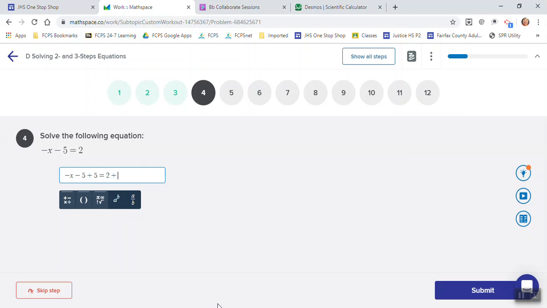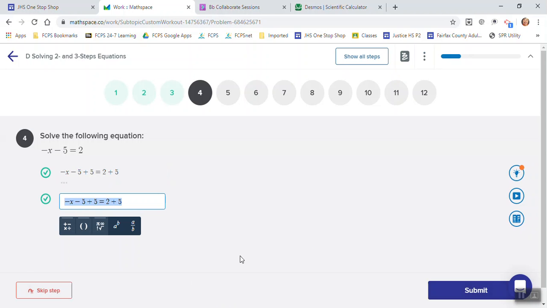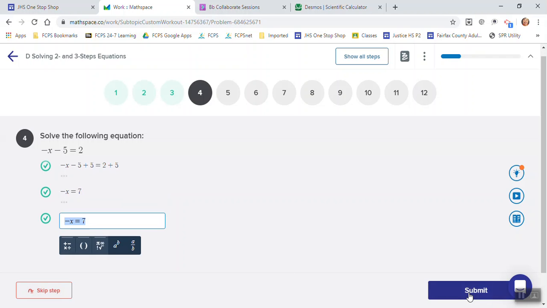Add 5 to the left side, and then add 5 to the right side of the equation. So when you add 5, minus 5 plus 5 equals 0, so you can remove that from the left, and on the right 2 plus 5 equals 7, right? So negative x equals 7.